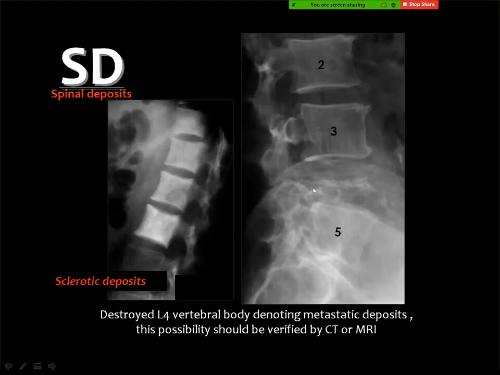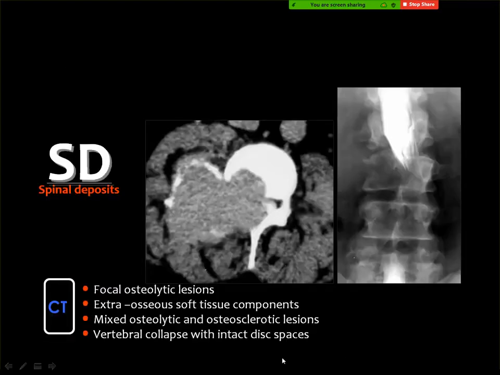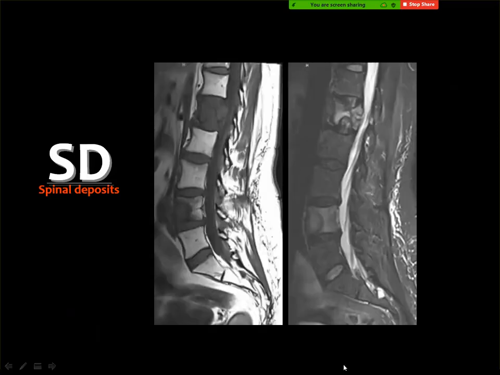Metastasis can be osteolytic and can be osteosclerotic. Metastases are usually associated with extraosseous soft tissue component that can extend inside the spinal canal, compressing the cord, or outside the spinal canal, forming a paravertebral mass.